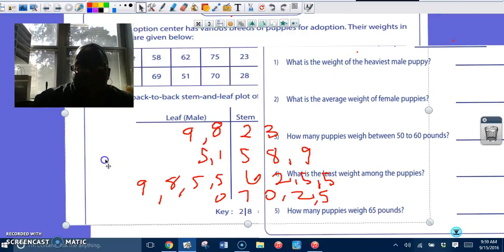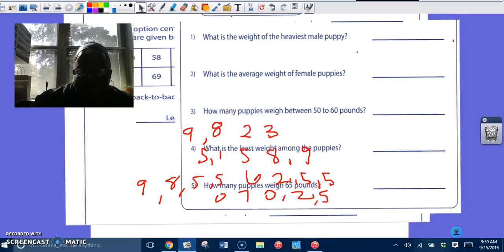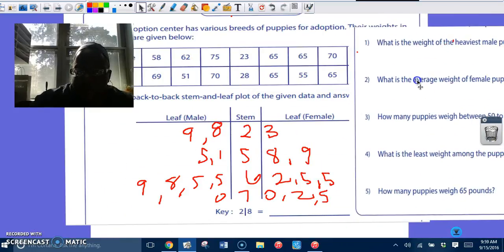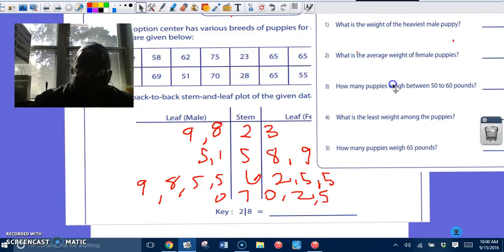What is the weight of the heaviest male puppy? Remember, males are on this side. So the heaviest male weighs what? See how that shares the stem? You can see your direct worksheet. Okay. So what is the weight of the heaviest male? The heaviest male puppy is on the male side. Heaviest, 70.